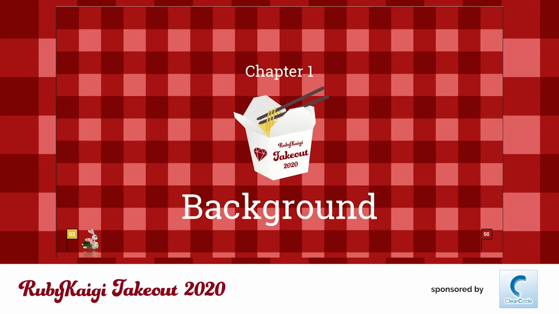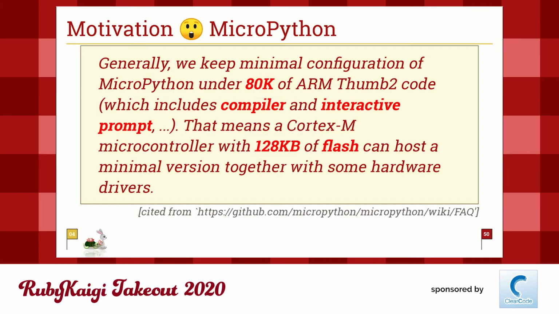Okay, let's start. Chapter 1. Background of my project. According to the FAQ page of MicroPython, generally, we keep minimal configuration of MicroPython under 80K of ARM thumb code, which includes compiler and interactive prompt.